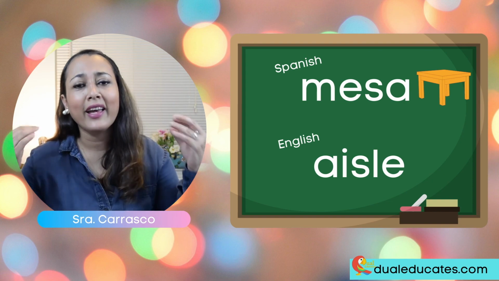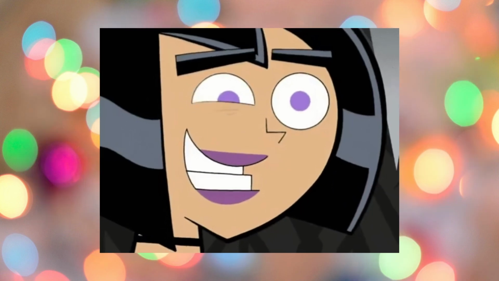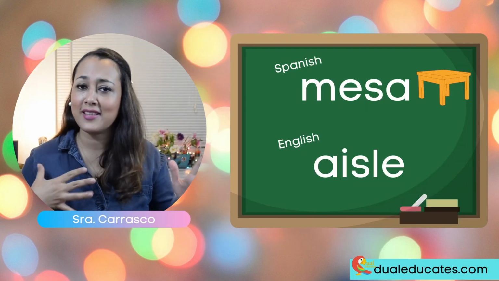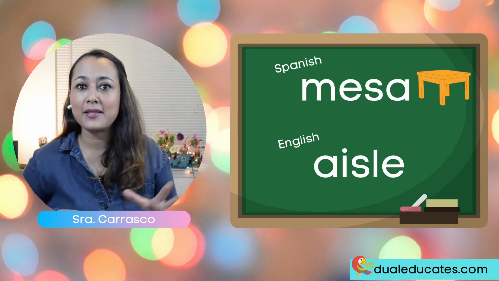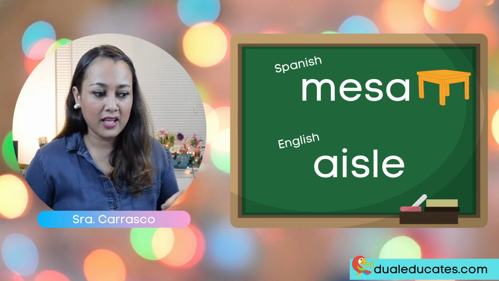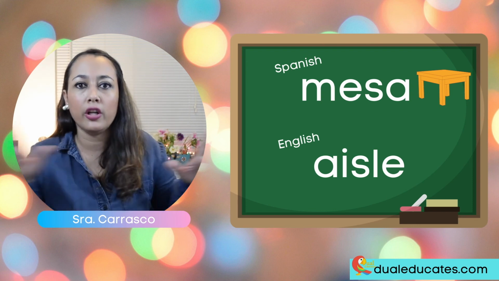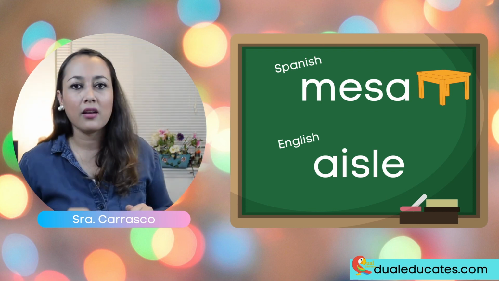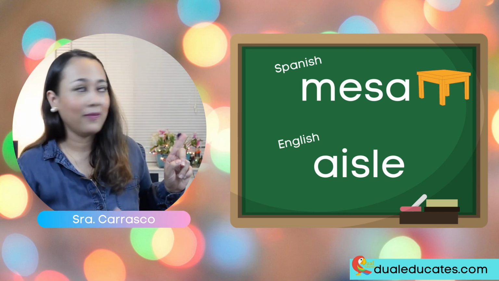But in English, it's so difficult. That's why it's difficult for us to learn English, because the words in English are sometimes written like this, and then you have to learn how to pronounce them because it's totally different. We have here one good example. We have this word, aisle.